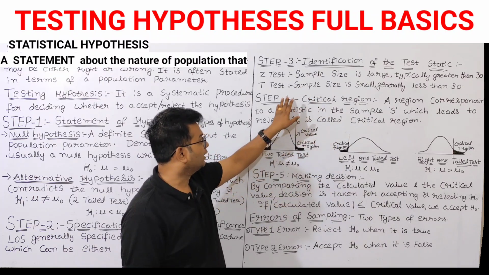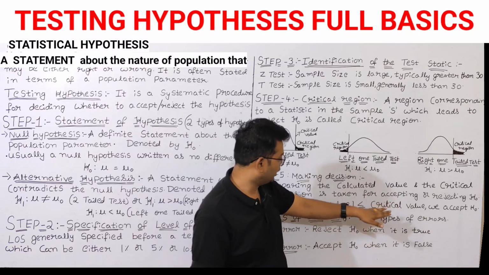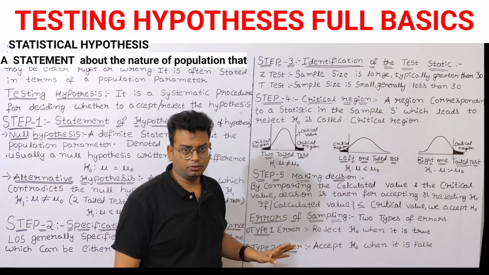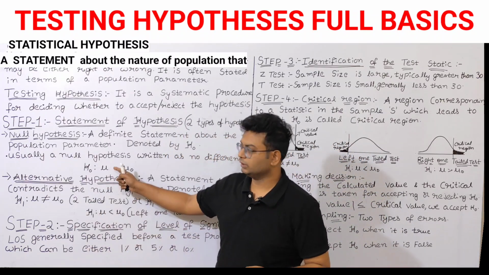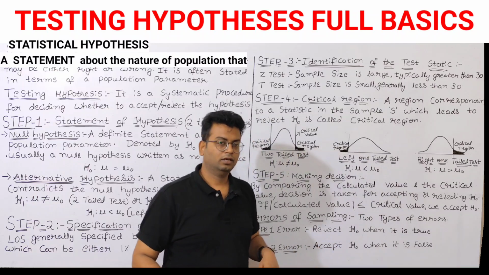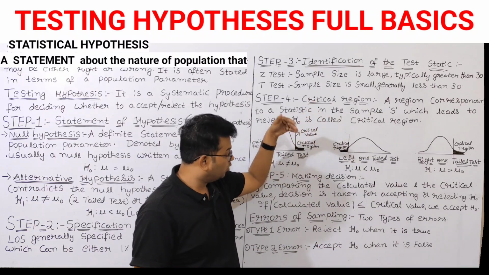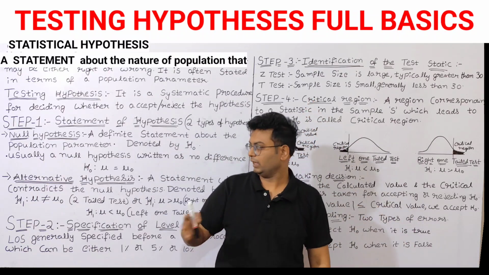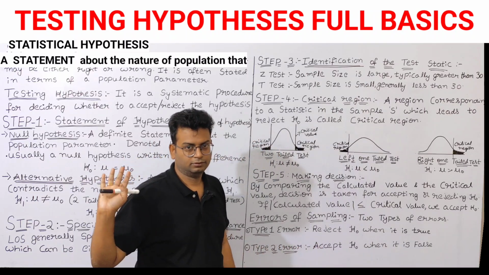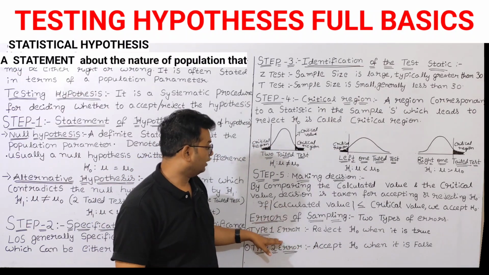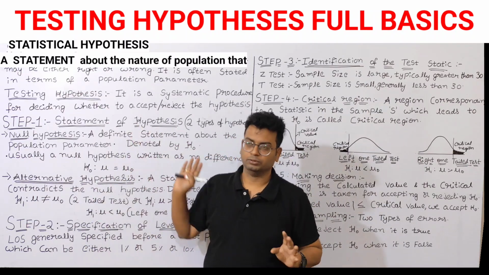If the calculated value is less than or equal to the critical or tabular value, then we will accept the null hypothesis. If the calculated value is more than the critical value, then we will reject the null hypothesis. Clear?